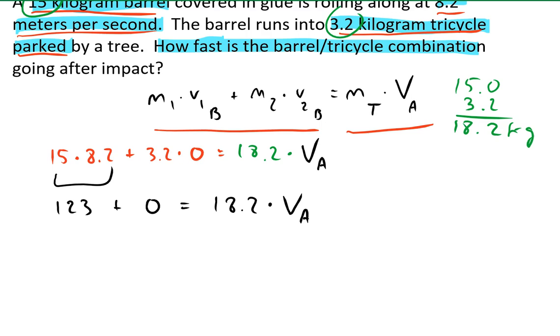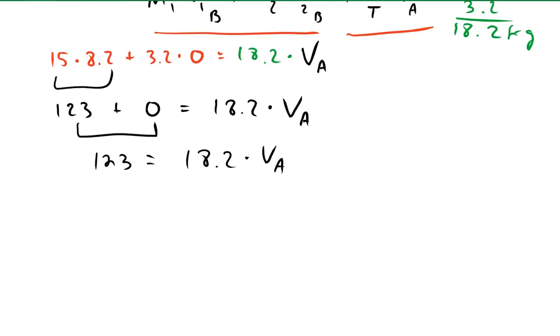So doing a little more simplifying, and remember in these videos I try to show as much work as possible. I need to do 123 plus 0 is going to be 123, and that's equal to 18.2 times our velocity afterward. Okay, we're getting close to the end.